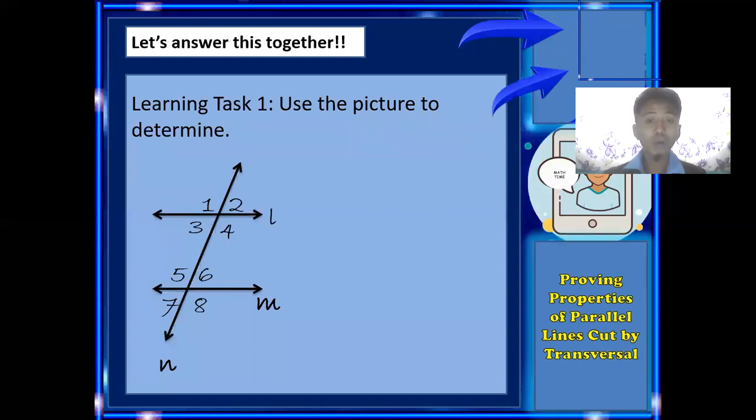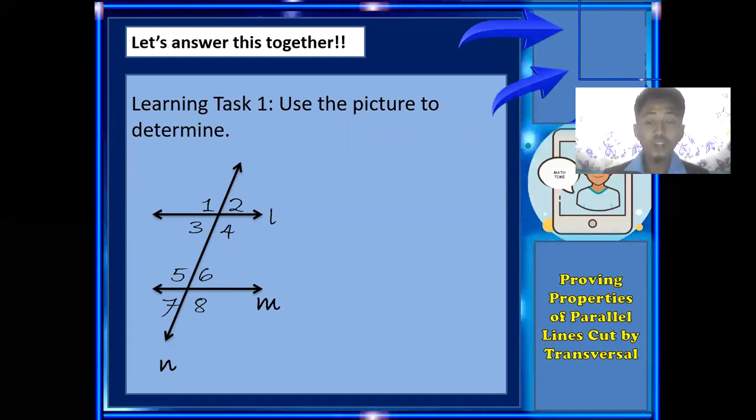So the next is, let's have this one. Let's start our lesson by having this learning task number 1. Let's answer this together. Use the figure to determine.